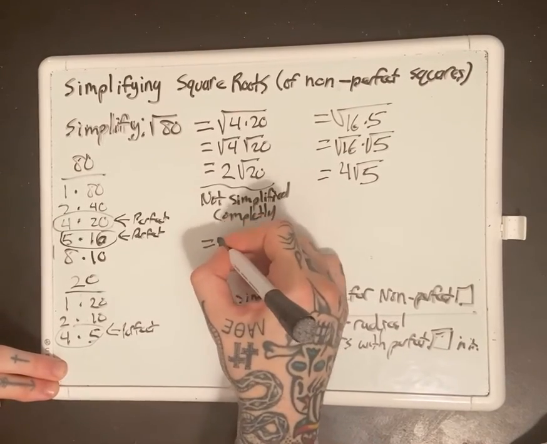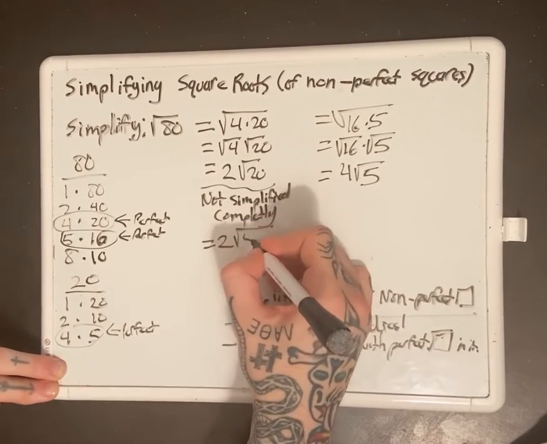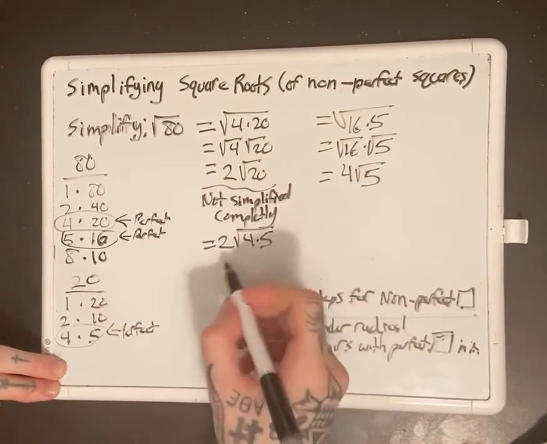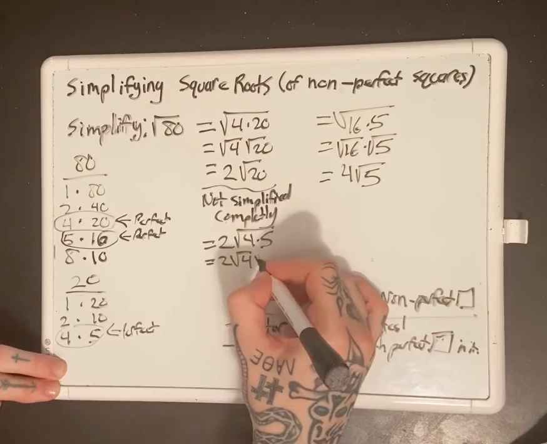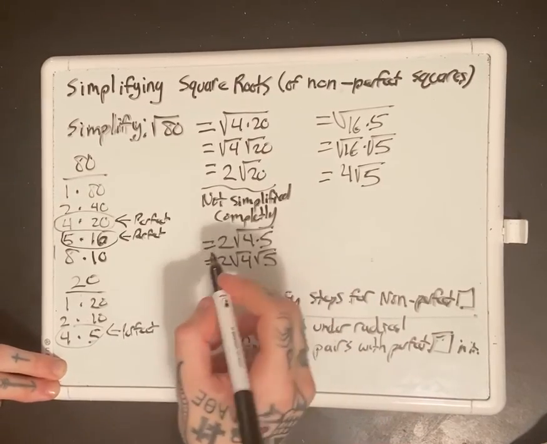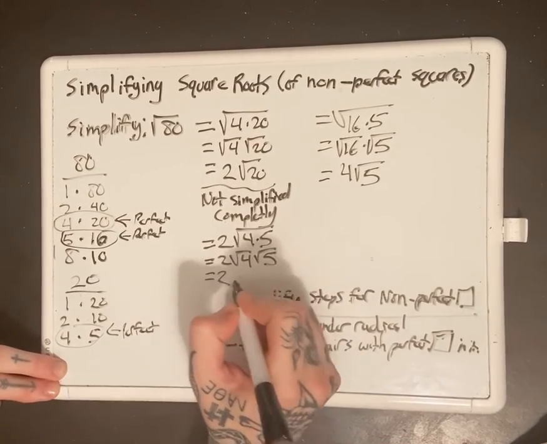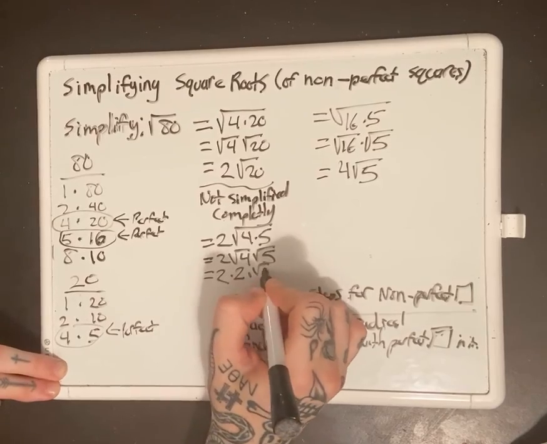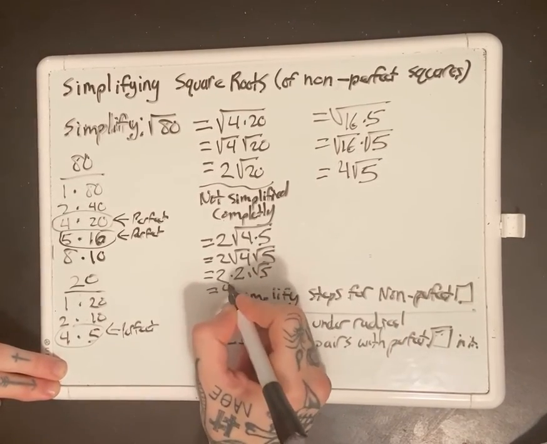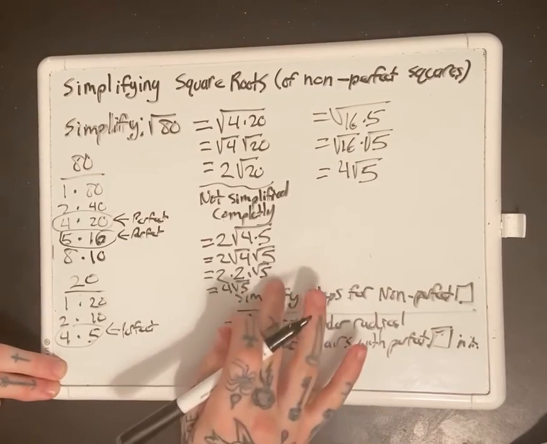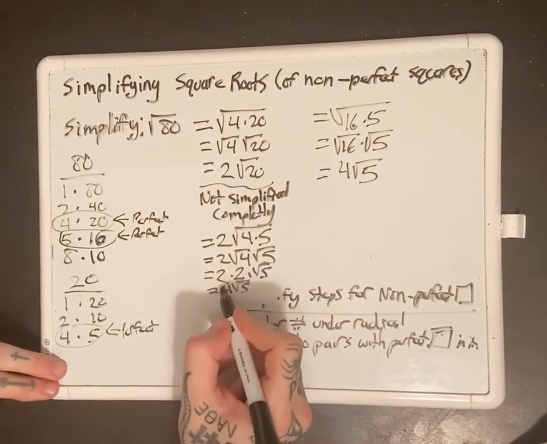So we can say it's equal to 2 times square root of 4 times square root of 5, so that's going to give us 2 times 2 times square root of 5, and then, yeah, that will give us our 4 square root of 5. Okay?